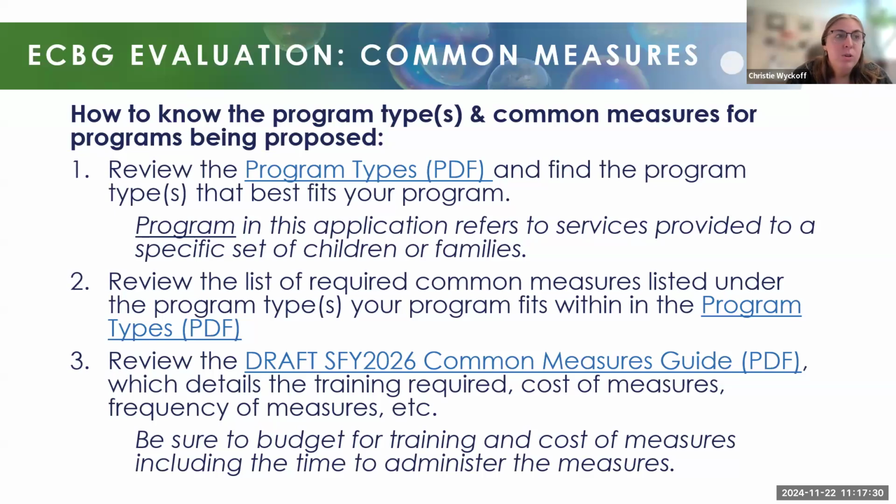By statute, we're responsible to make sure that we are evaluating the outcomes of the funds being used for ECBG programming. So the team at Wichita State has come up with the common measures that we use to do that evaluation.